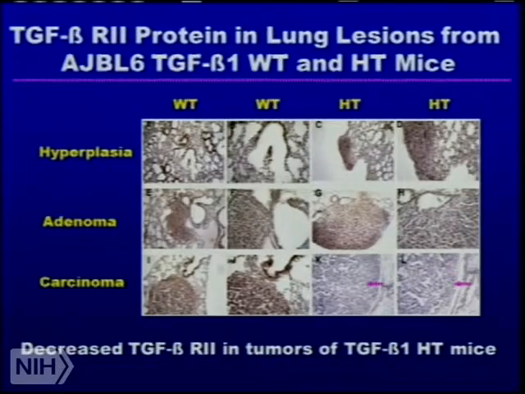So we looked at the expression of the type 2 receptor protein in these lung lesions, and shown at the bottom right with the pink arrows, you see decreased expression of the type 2 TGF-beta receptor in tumors of the het mice compared to the wild-type carcinoma shown on the left.